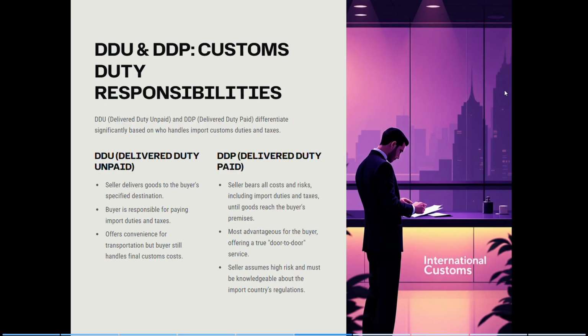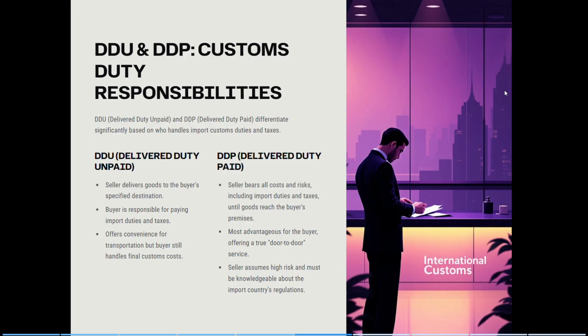And next one is DDU and DDP, customs duty responsibilities. DDU and DDP differ mainly in who is responsible for import duties and taxes. Under DDU, the seller delivers the goods to the destination, but the buyer pays import duties and taxes.